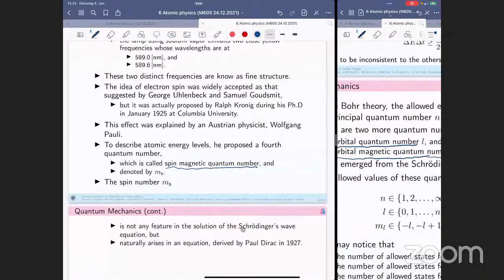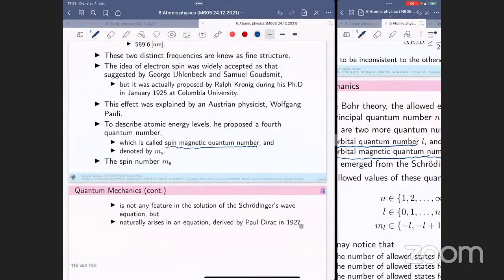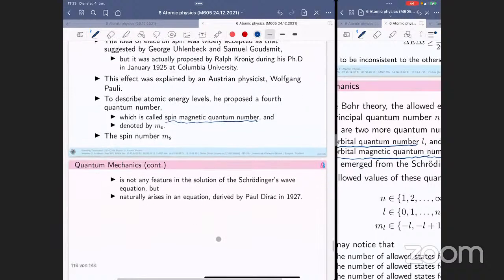You could not find the spin number m_s in the Schrodinger wave equation, but it comes from the equation derived by Paul Dirac in 1927. Because we are at the high school level, we could not get into the detail of this, because it involves a lot of calculus.